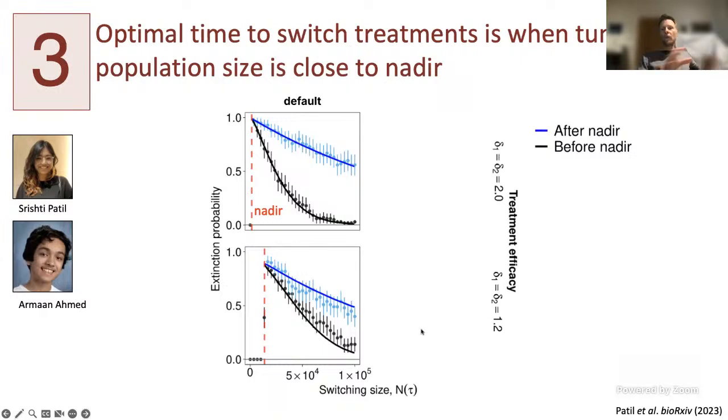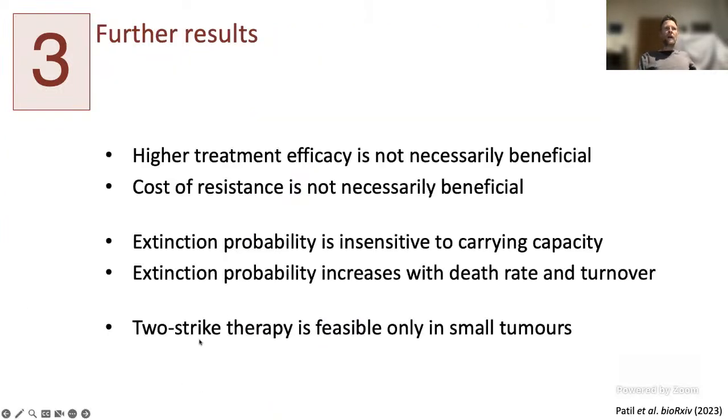We looked at all these pairwise combinations, and this is what I mean in this conclusion, that higher treatment efficacy is not necessarily all that beneficial. You can use less effective drugs, and by combining them and timing them well, you can still get very nice outcomes.